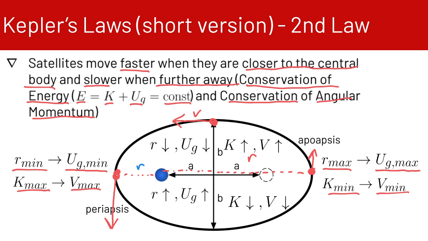And at this point, the radius is increasing, so the potential energy is increasing, the kinetic energy is decreasing, and the velocity is decreasing. So the velocity vector is getting shorter.